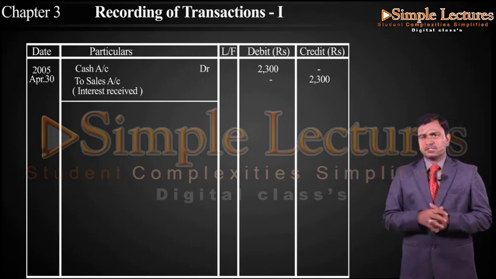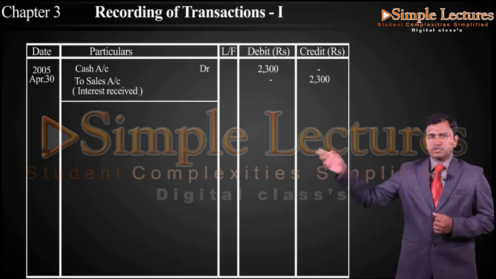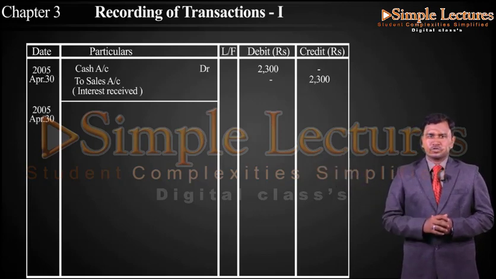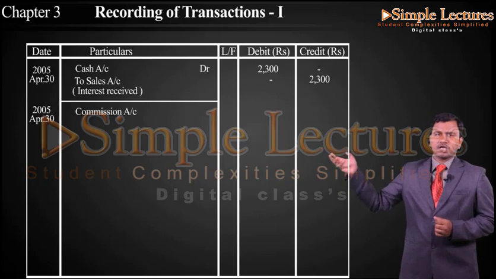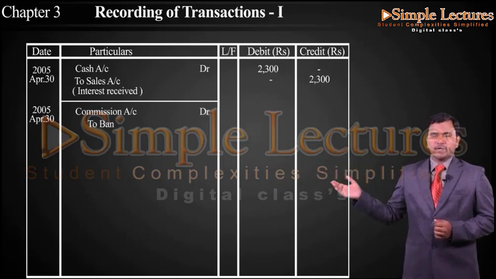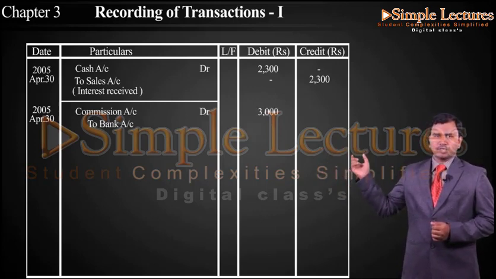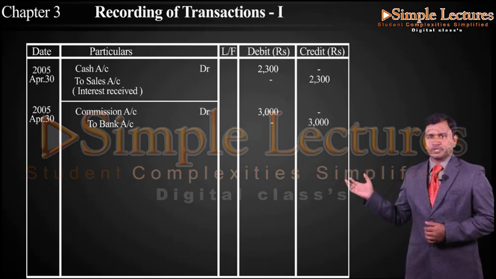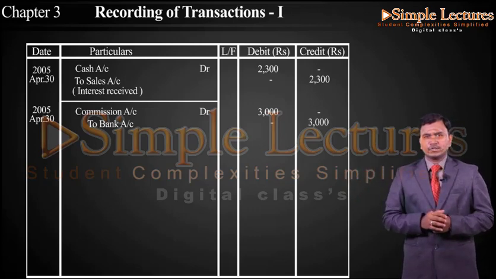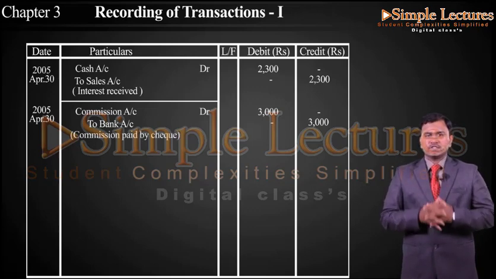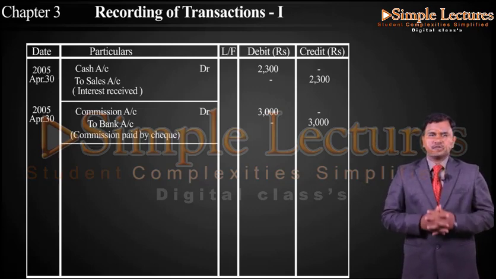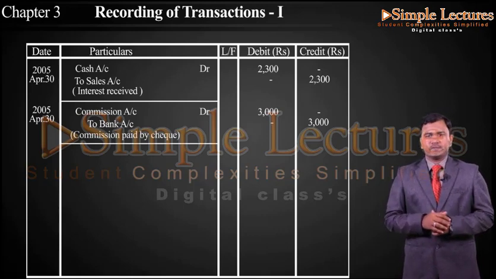So let us see in the journal account here, the entry will be on the same date 30th/4/2005, commission account debtor to bank account 3000 debit and 3000 credit. So then coming to the narration, commission paid by check. Let us see the next transaction which we have on 30th/4/2005, telephone bill paid by check rupees 2000.